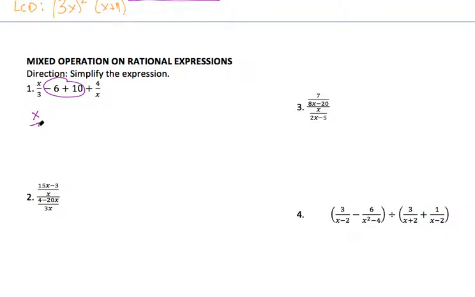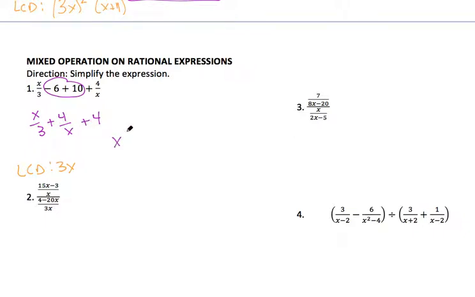So I have x over 3 plus 4 over x plus 4. So I need to find a common denominator. Okay, my least common denominator again is 3x. So I'm going to multiply all of these pieces by what's missing.